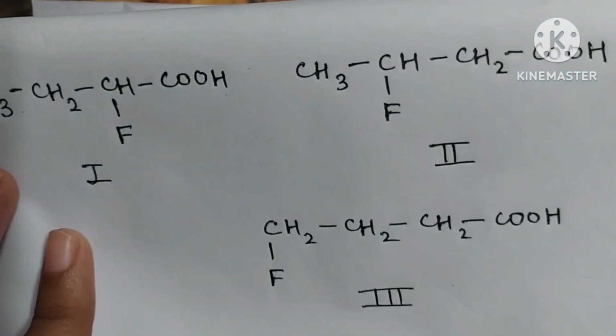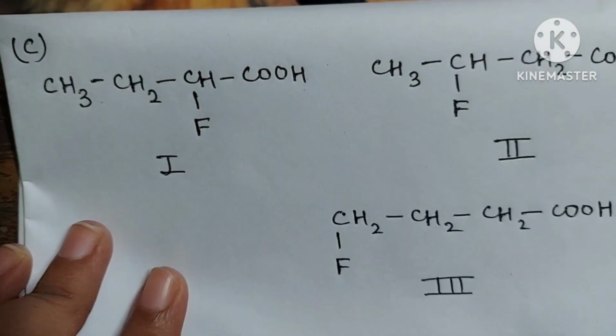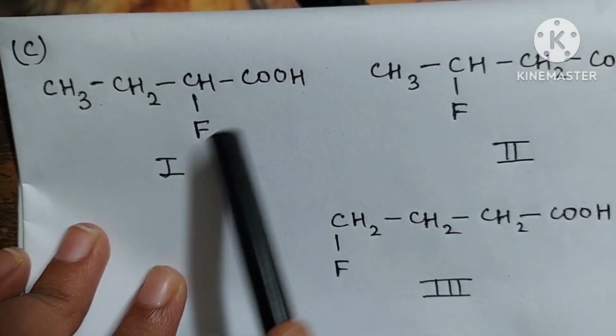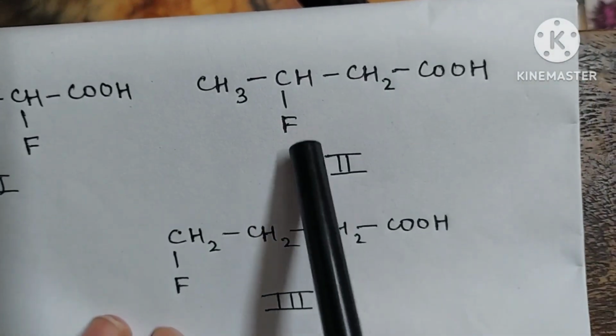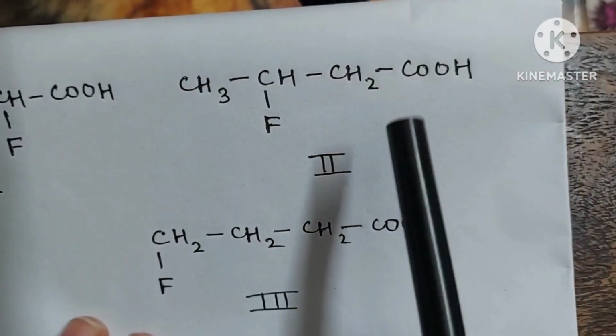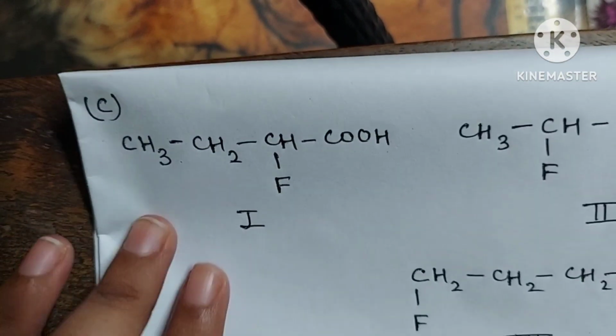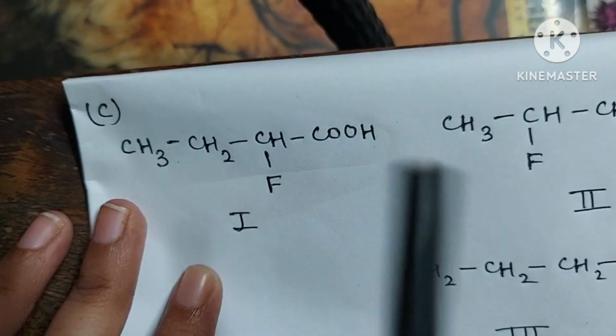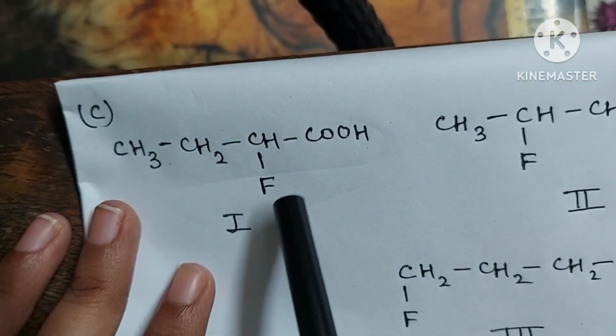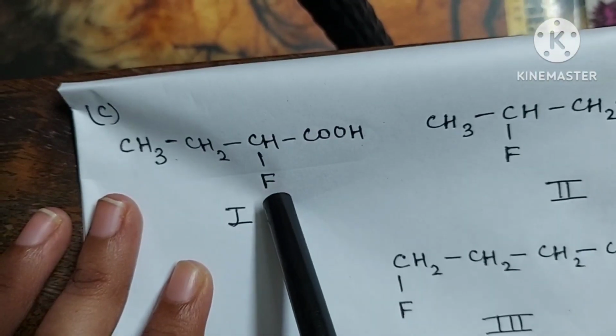See here, CH3CH2CHCOOH with F. And here this is the second compound. And this is the third compound. So here the only difference is that everything else is common, only the position of fluorine is changing.